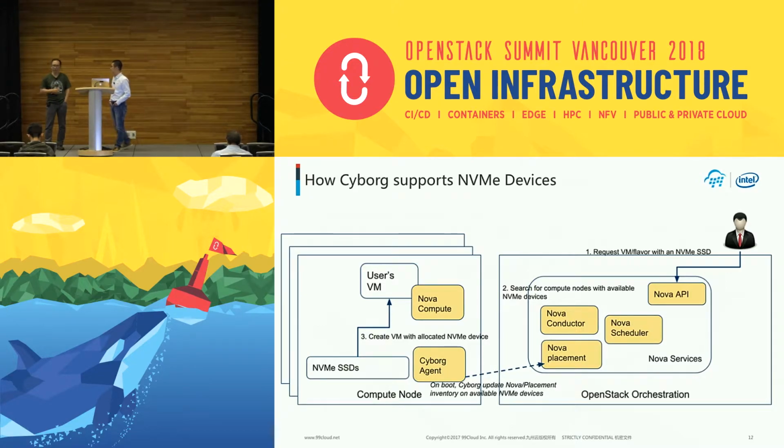So in the future, I'm not sure which one can be the most proper way to support GPU devices. Yeah, let's see. As I know, in the Cyborg roadmap, GPU support is also in there. I think it's a very good question. I can add something from my point of view. I think the vGPU is actually different from GPU, right? It's virtual.